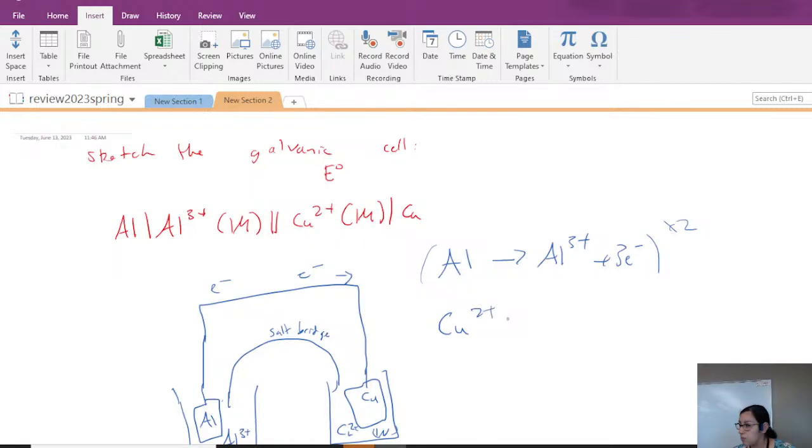So copper. And so, yep, 1.66, 0.34. So do we all get 2 volts for that one? Excellent.